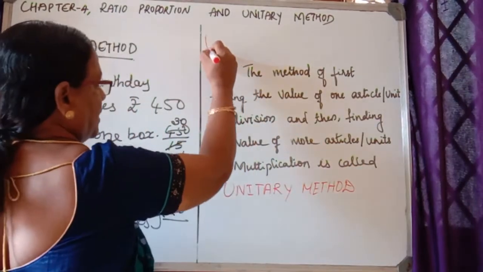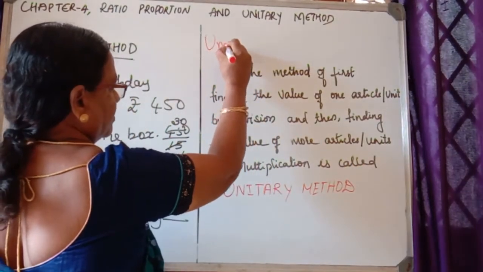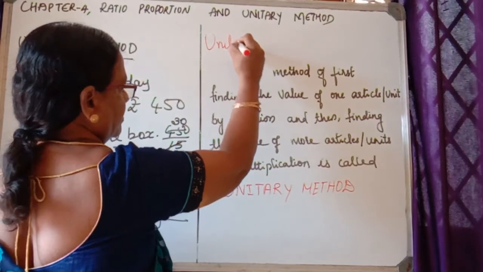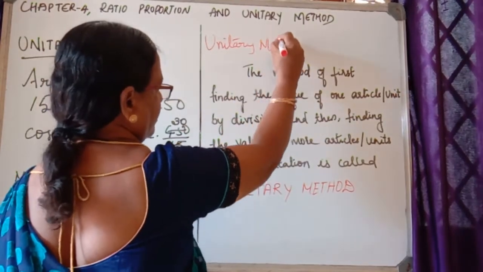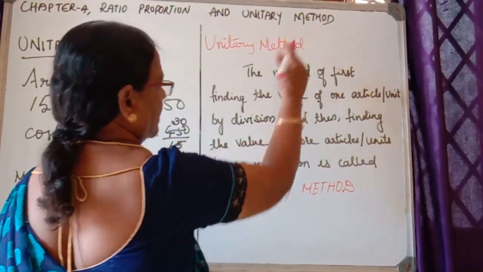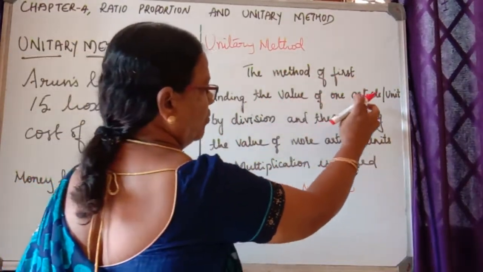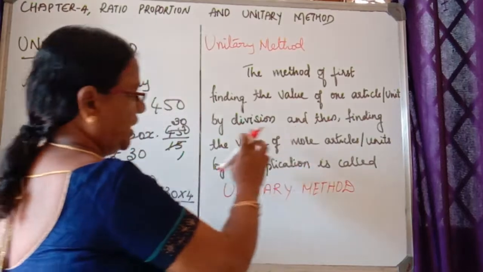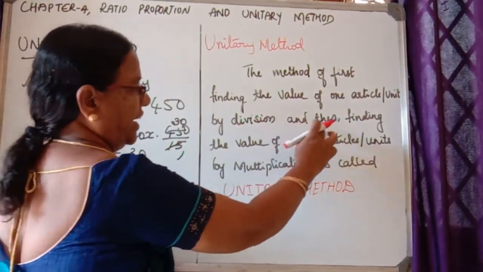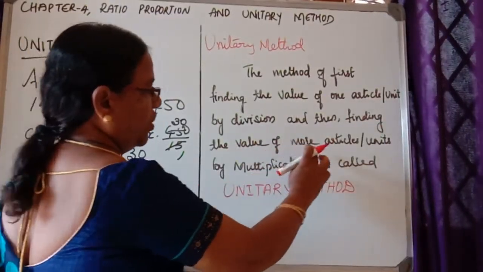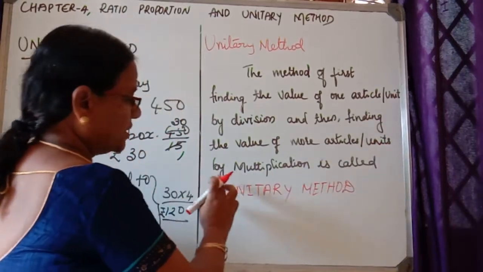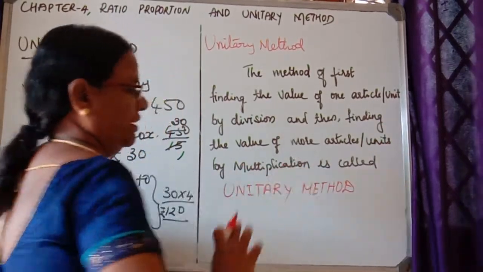Now, what is the unitary method? The method of first finding the value of one article or unit by division and then finding the value of more articles or units by multiplication.